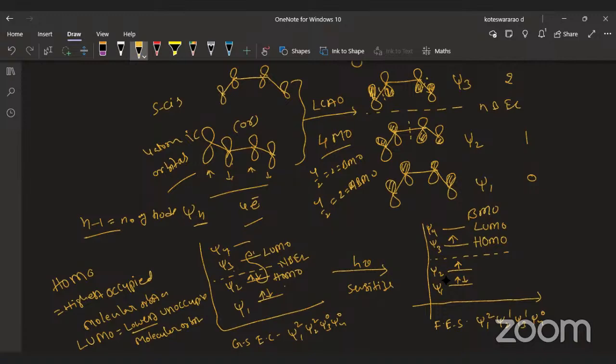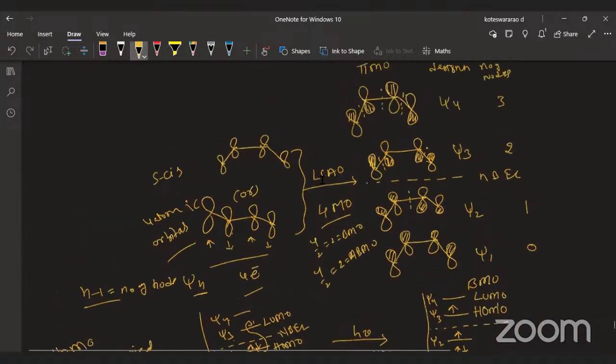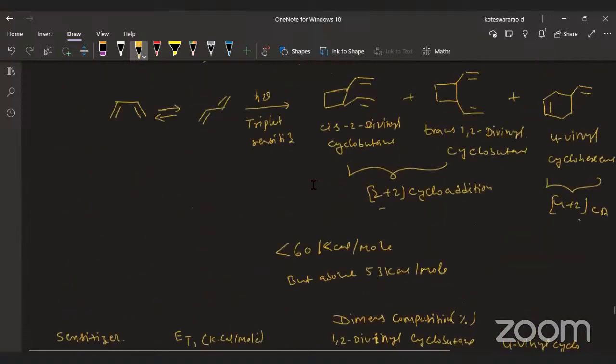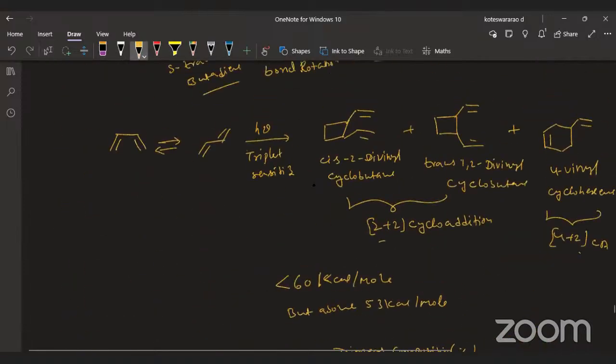For isomerization to either the cis isomer or trans isomer, this sigma bond must undergo rotation.